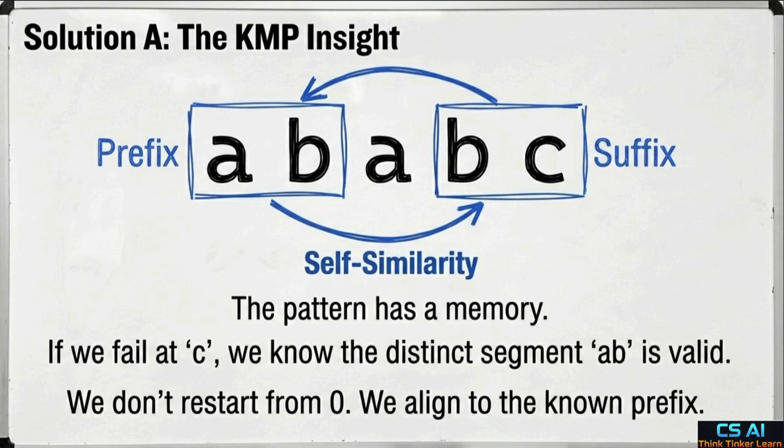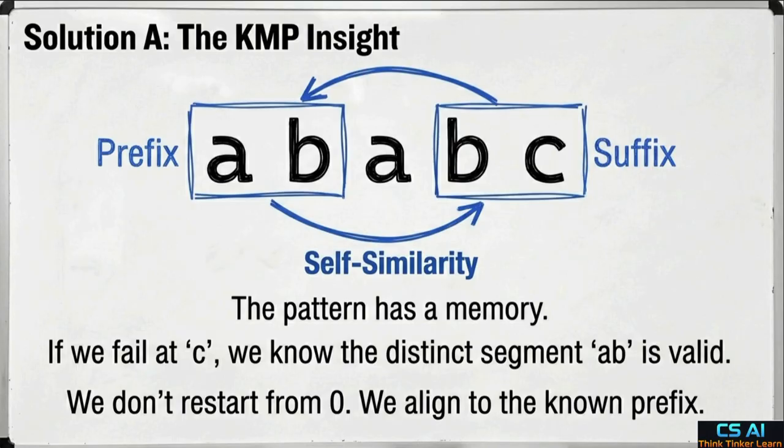This brings us to our first major solution, the KMP insight. The genius of Knuth-Morris-Pratt was realizing that the pattern itself has a memory. Look at the pattern ABABC. Notice the self-similarity. The start of the pattern, AB, actually repeats later on. KMP exploits this.